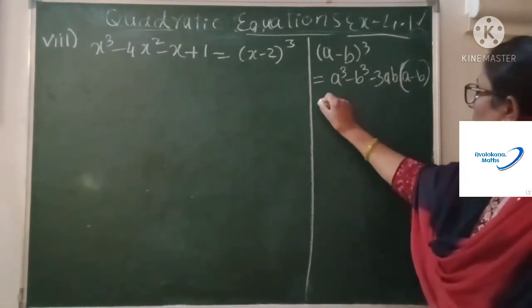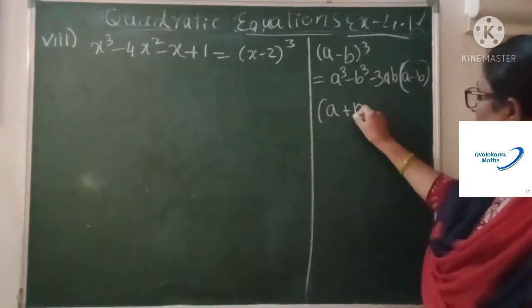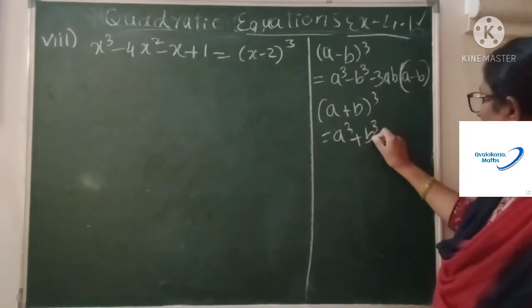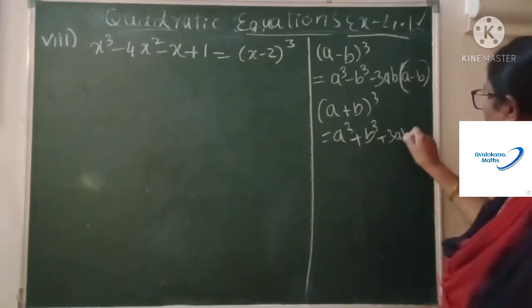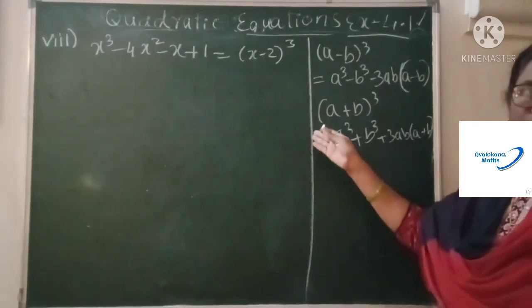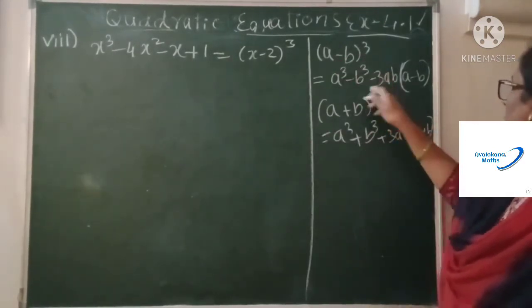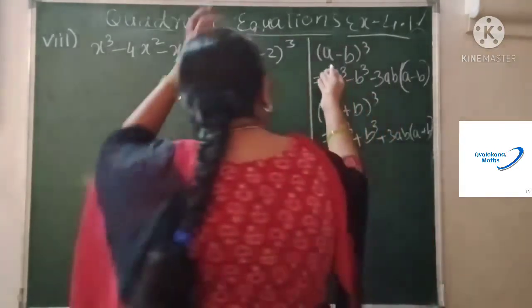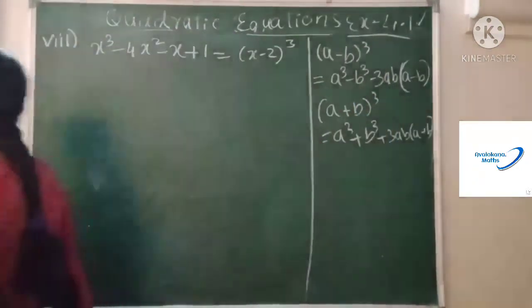So a minus b whole cube is something like this, and a plus b whole cube is like this one: a cube plus b cube plus 3ab into bracket a plus b. There is no confusion with plus and minus. If it is minus, this way; if it is plus, this way. All the signs are positive here, and all negative signs there.